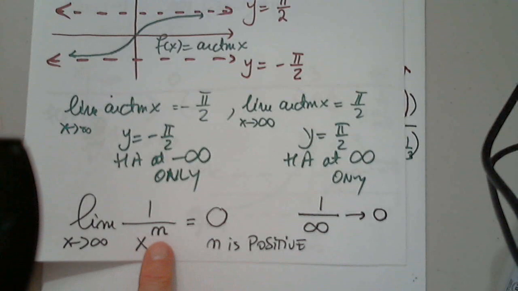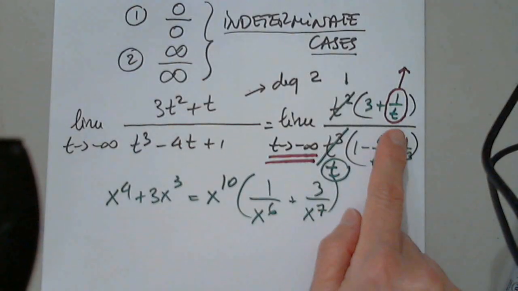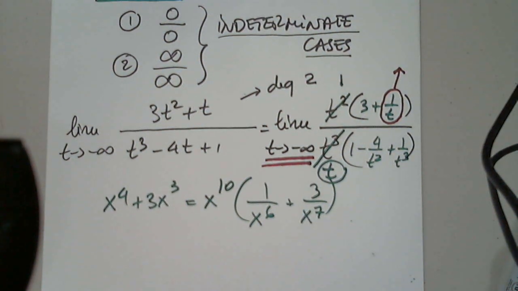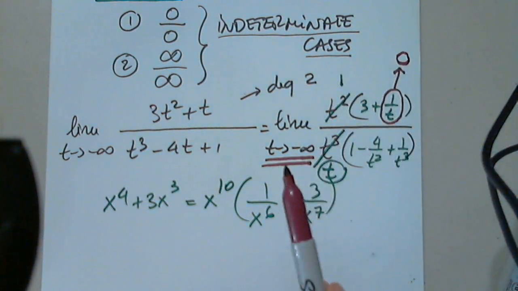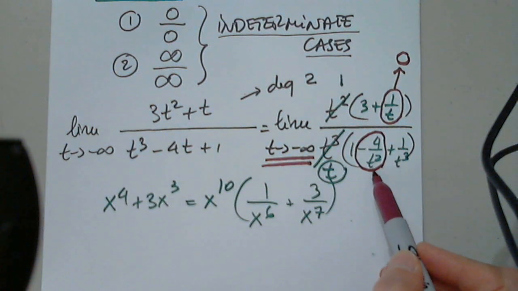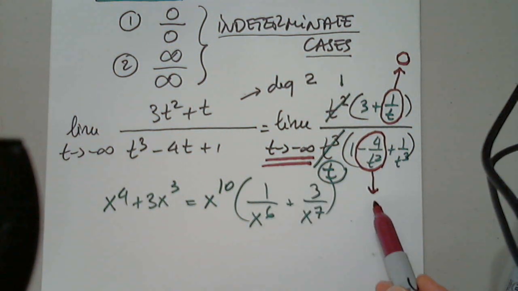As long as this is positive. So where is 1 over t going as t approaches negative infinity? 0. Thank you. Where is 4 over negative t squared going when t approaches negative infinity? 0.